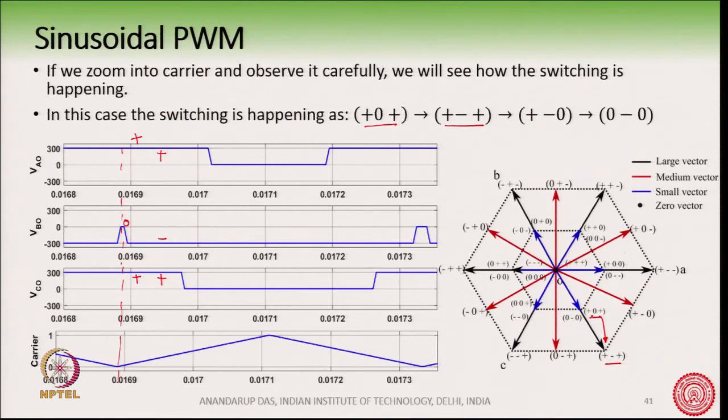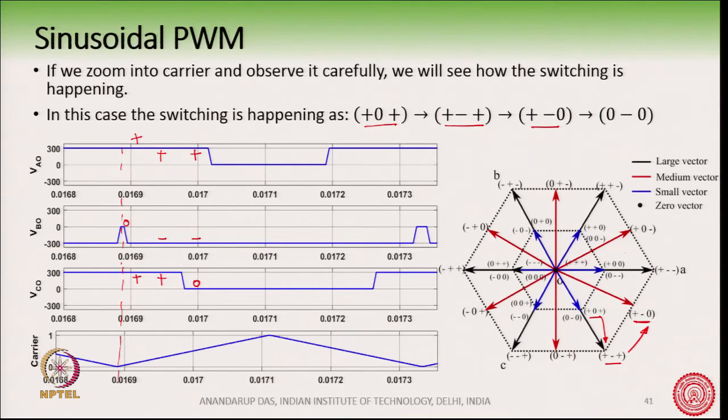Then from there we will come to this point here and we will see that this is plus, this is minus and this is 0. So, plus minus 0, this is the third transition happening. From here we go to here.